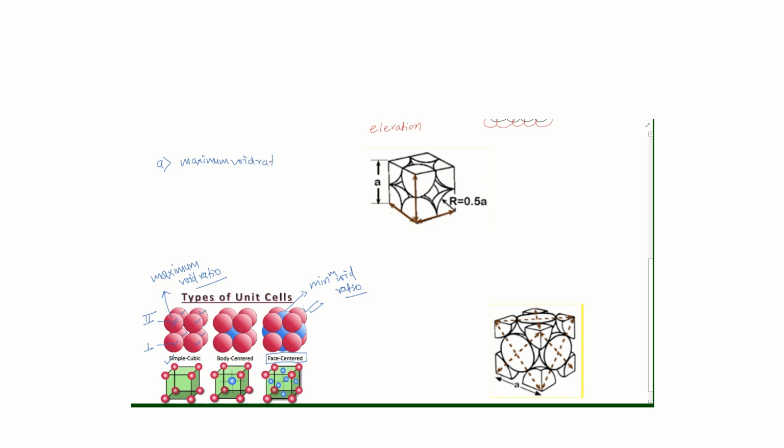So for e max, we have to choose the simple cubic configuration. I have taken this figure, and you will also find this figure. If you match the centers of these spheres, then you will find the figure is looking like this one.